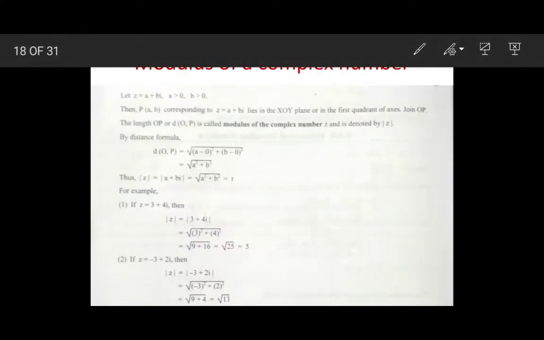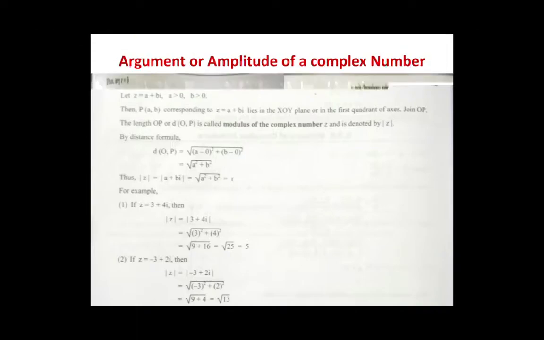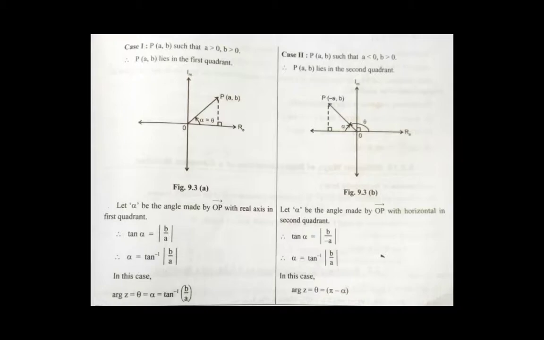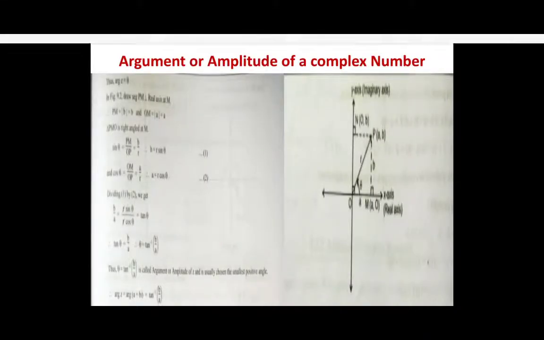Okay, so after this modulus, next is the argument or amplitude of a complex number. Argument or amplitude of a complex number means we are talking about this angle, as you can see in the Argand diagram. This angle is theta, right? Now how to find this angle?